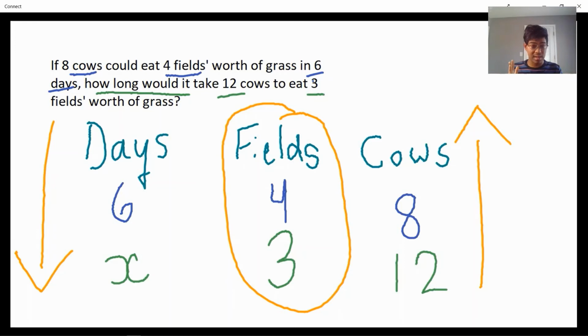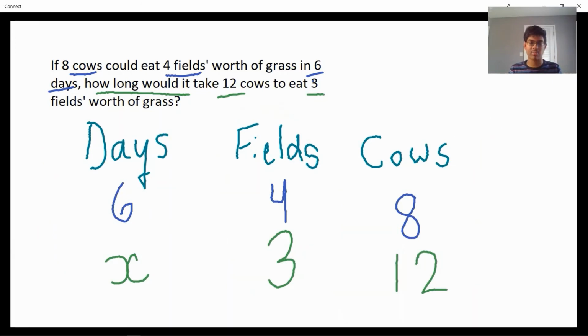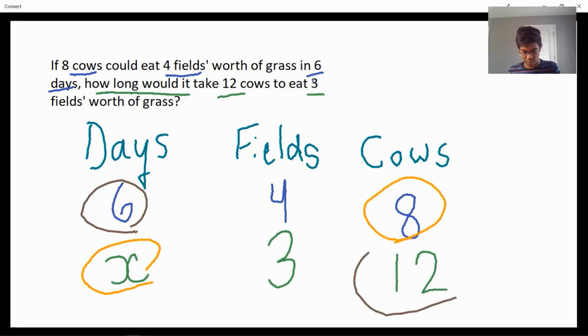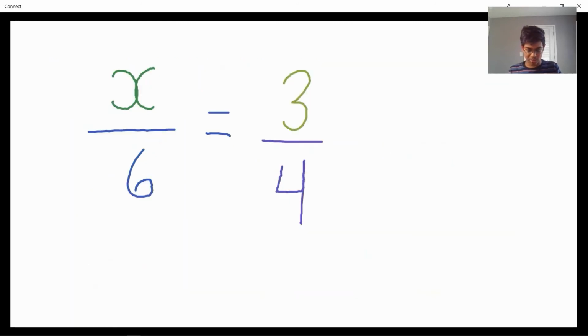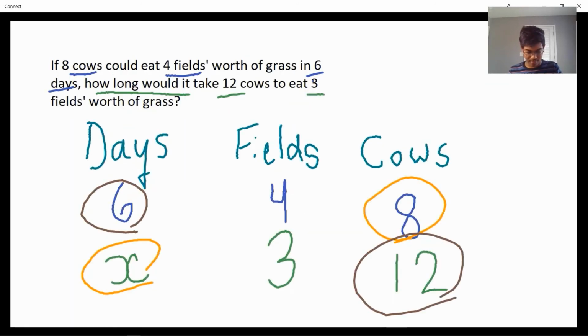And so now, since the last proportion was a direct proportion, we matched up the x with the 3 and the 6 with the 4 while writing it. What we want to do this time is match up the x with the 8 and the 6 with the 12. So you see here we wrote x by 6 in this direction. Well, we want to write this one in this direction.